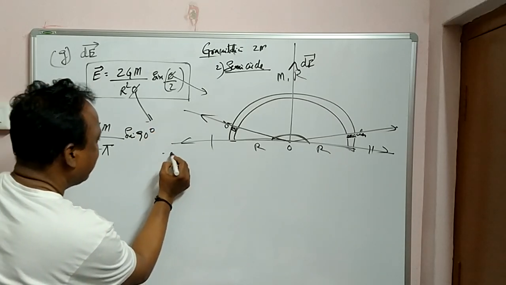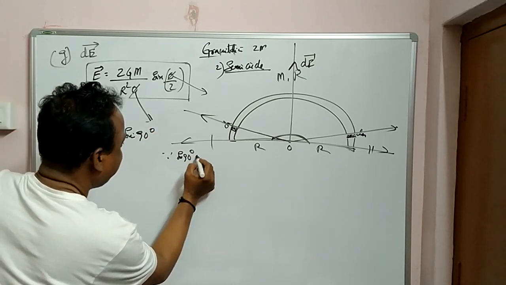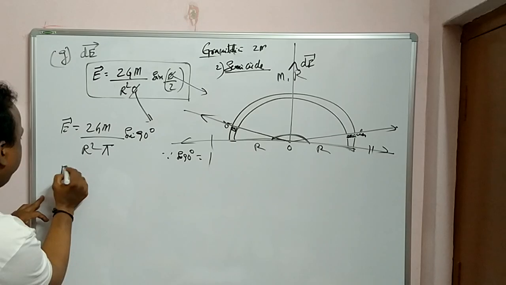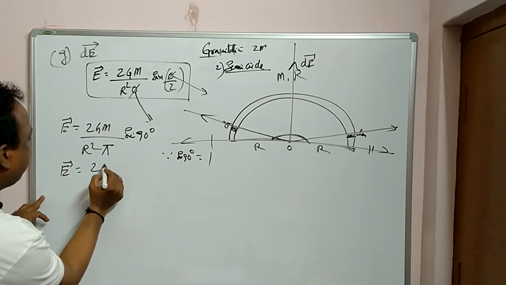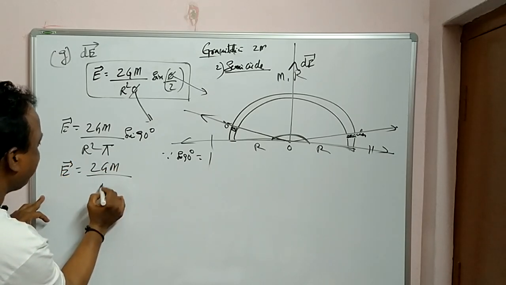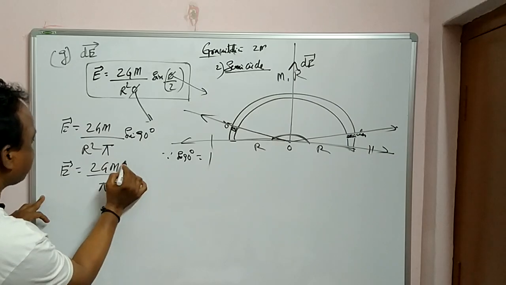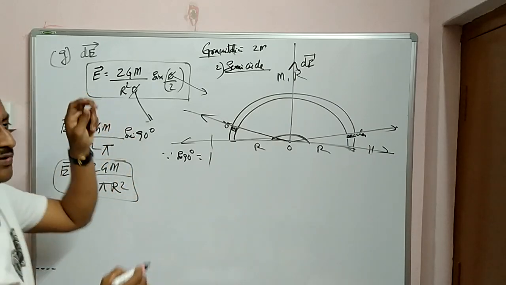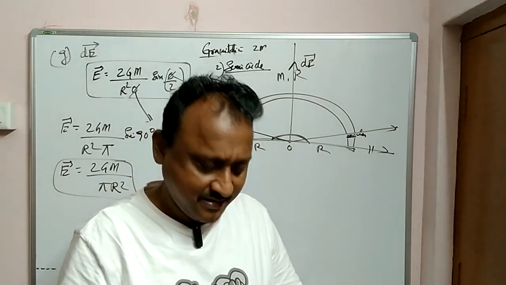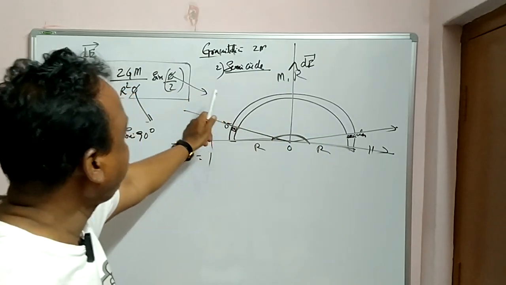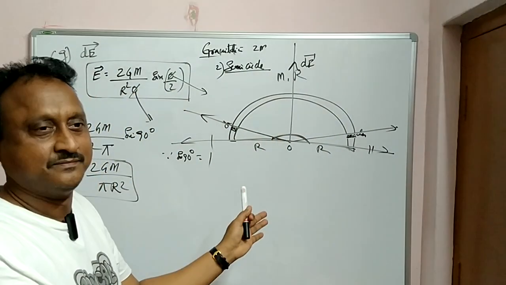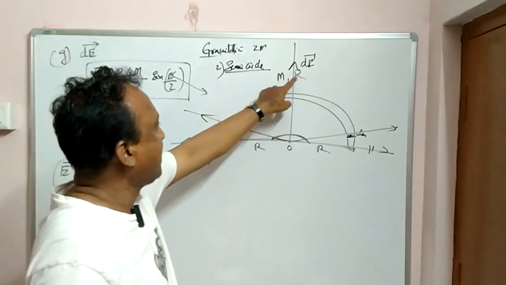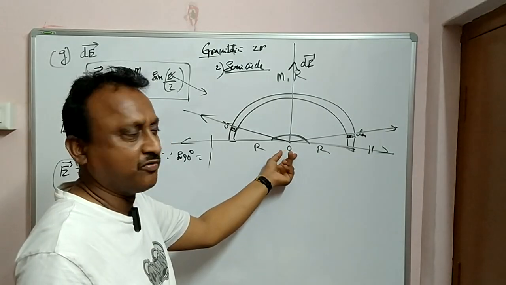So sine 90, and since sine 90 is equal to 1, what will be the value for the semicircle? E is equal to GM by pi r square, because sine 90 is equal to 1. Clear? So this is the gravitational field intensity for the semicircular part, if M is the mass and R is the radius, with respect to point O.